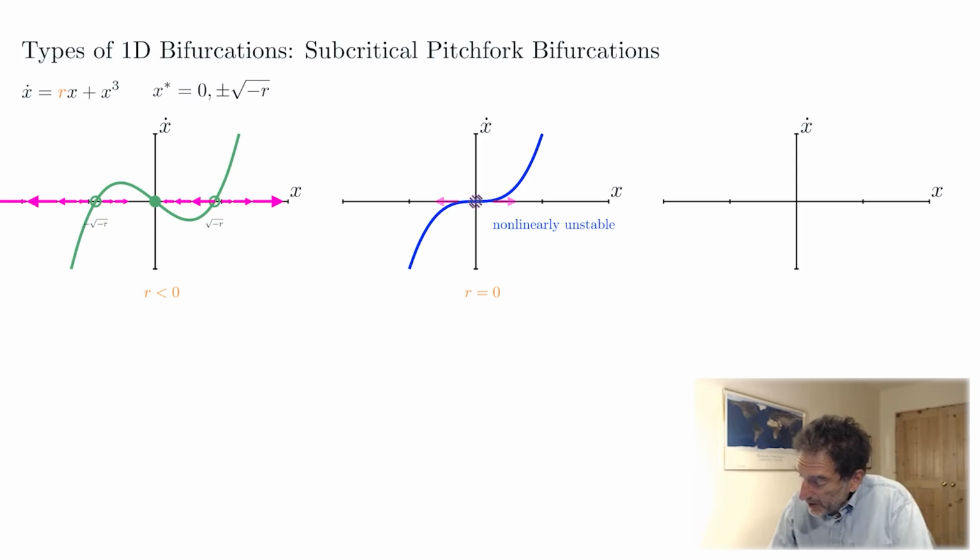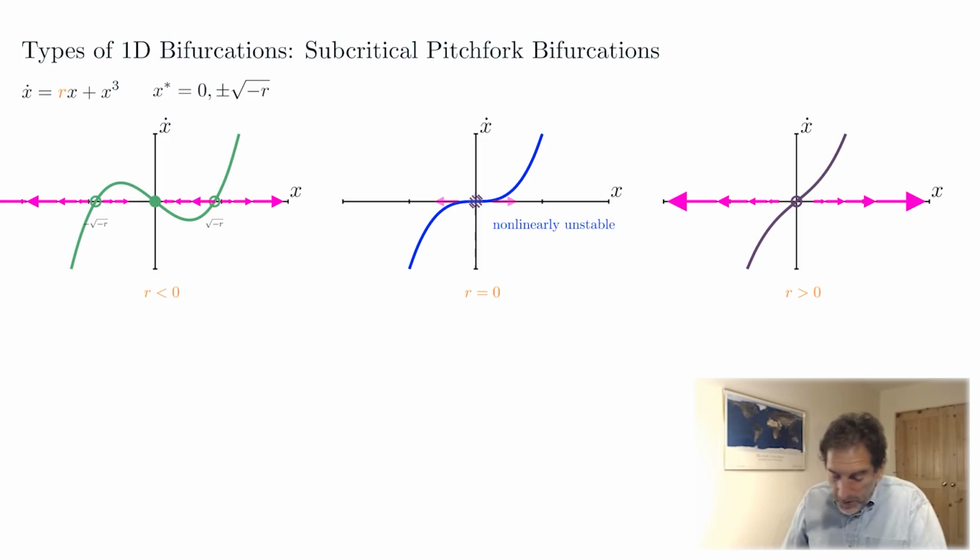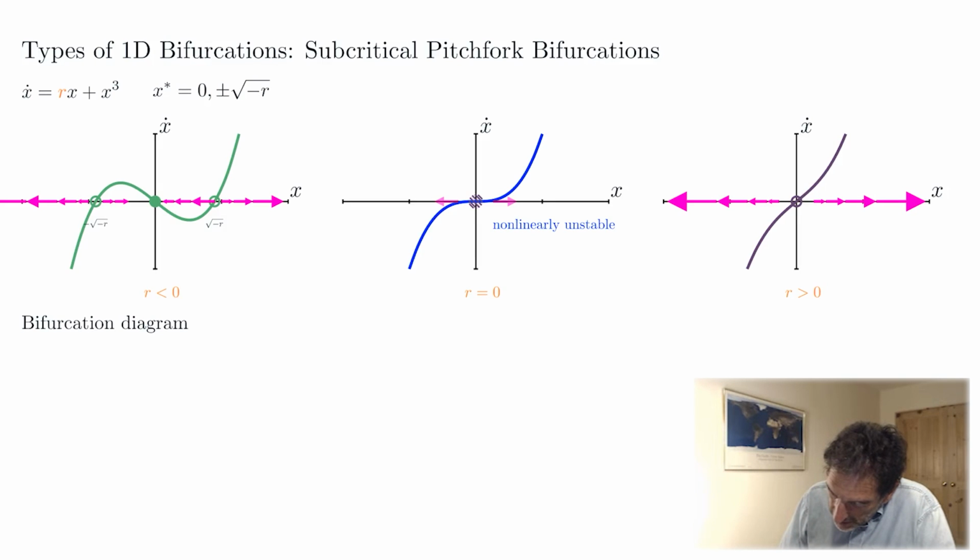And finally, when r is positive, we go through the origin with positive slope, and then take off with a cubic nonlinearity, so we have a function that looks something like this. And so this is an unstable fixed point with rapid flow away on either side. Once again, we can look at the bifurcation diagram induced by this type of bifurcation.